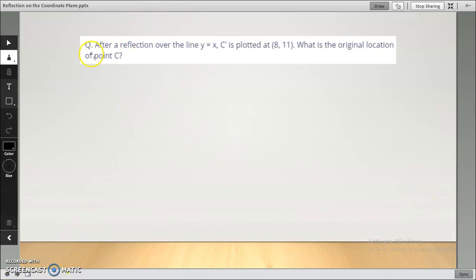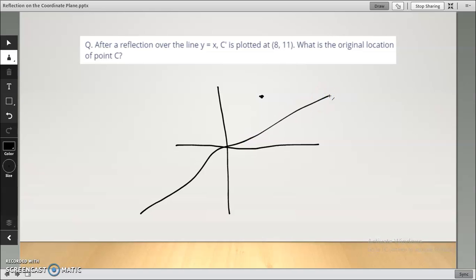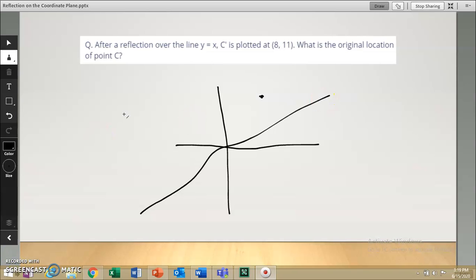All right, the next one says, at the reflection over the line y equals x, C prime is plotted at (8, 11). What is the original location of point C? So again, if I draw it out, this is 8, and (8, 11) is right here. The line y equals x looks something like this.